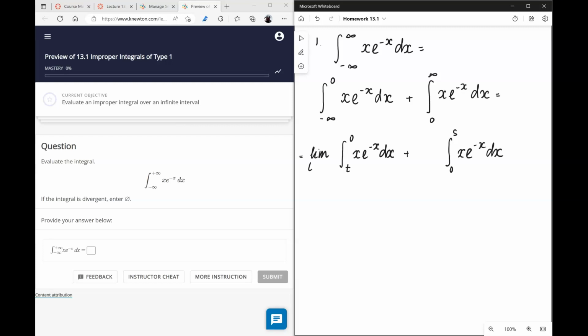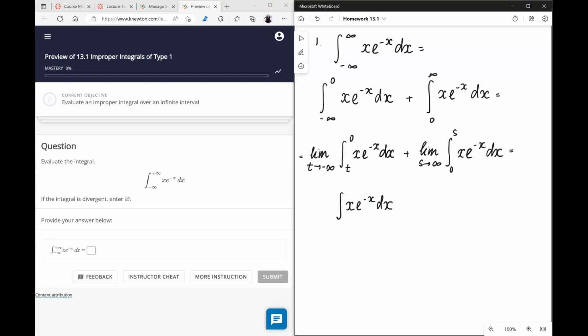So here t goes to negative infinity, and here s goes to positive infinity. Now that we don't have infinities in the limits anymore, we can focus on actually finding the indefinite integral. Since both integrals have the same integrand, we can do it all here.